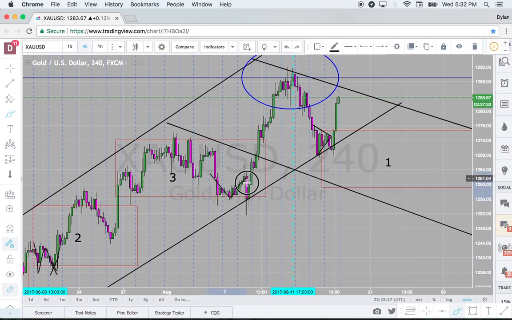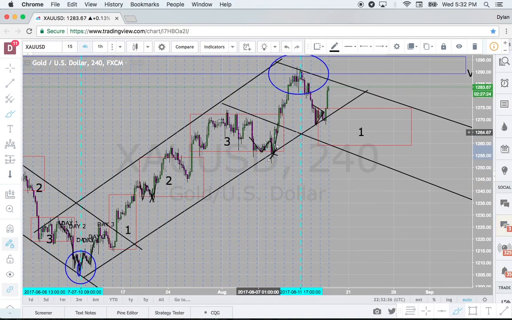This W here, the second leg, you could enter here as well. And then you could take profit at the breakout of the third level. Well, level 2 was here. This is level 3. And then we have that continuation. You could take profit at the peak if you realize that this is the peak.